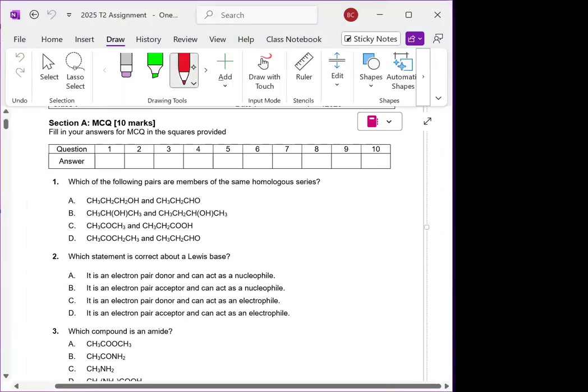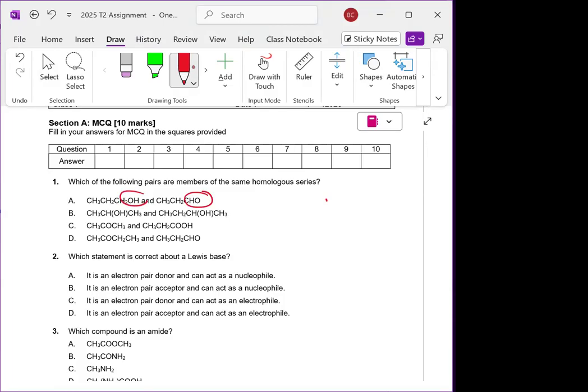The first part is asking us which of the following pairs are members of the same homologous series. For the same homologous series, they have the same functional group and they usually differ by a CH2 unit. You can see this is an aldehyde, whereas this is an alcohol. The second one, both of them are alcohol and they only differ by this CH2 unit.